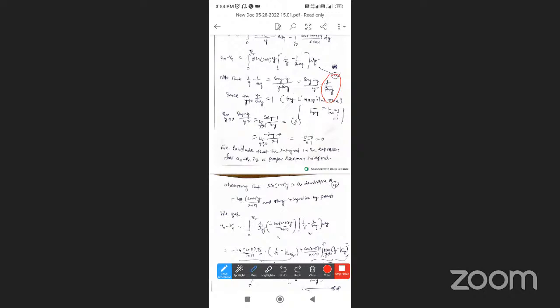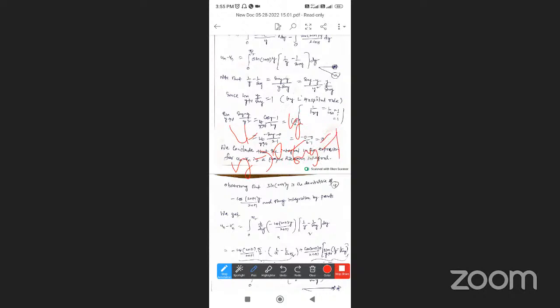By the limit, y by sin y is always 1. We already know that the limit as theta tends to 0 of sin theta by theta is 1, or theta by sin theta is 1. The same thing, limit y tends to 0 of y by sin y is always 1.